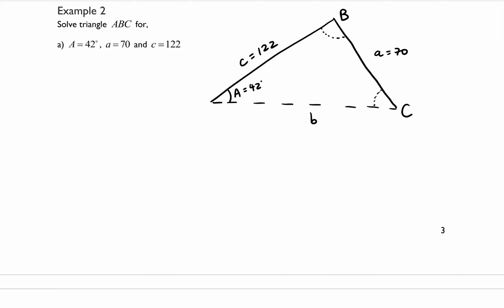And I went ahead and used a solid line or curve to represent a known angle or known side length, and then a dashed line or curve to represent an unknown side length or angle measure. So I'm also going to fill in the height of this triangle here.